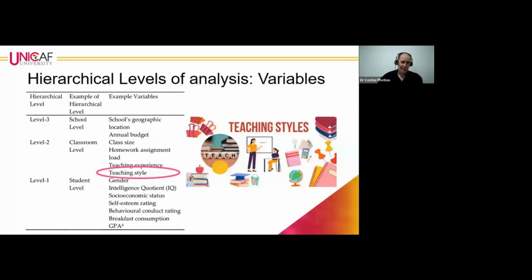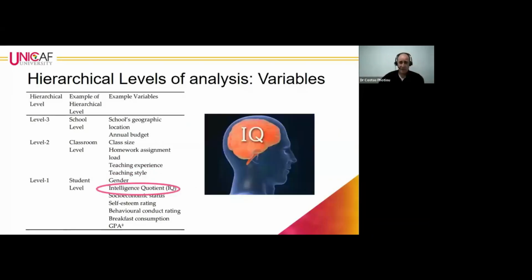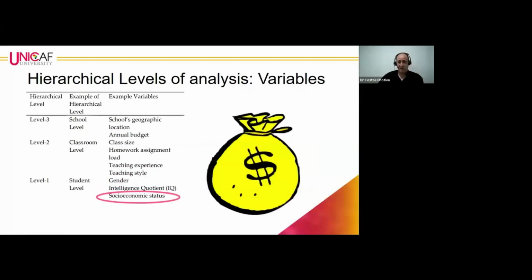Then going to the lower level, which is the student level, perhaps the gender, the intelligence of the student, some other socioeconomic factors such as status. Also, this can have a positive impact on the outcomes under investigation.